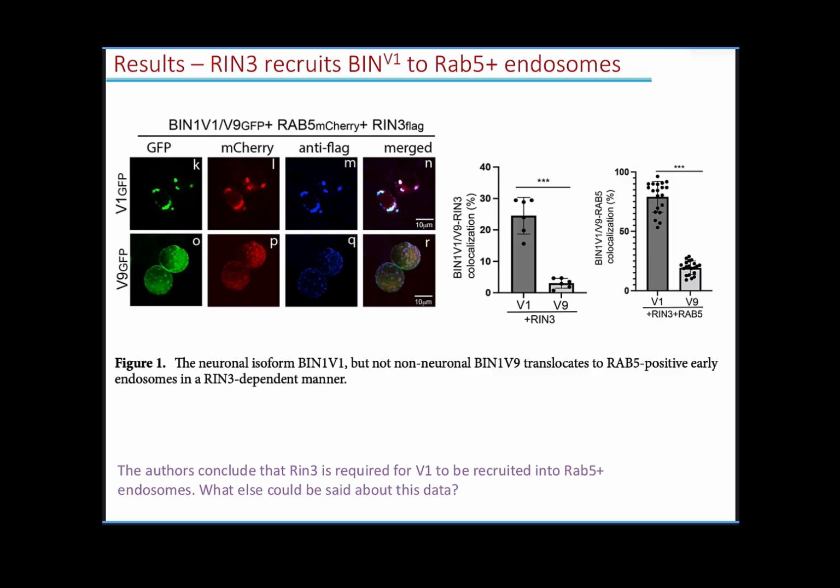Okay? So with a flag tag, and using an anti-flag antibody, they can follow where Rin3 is. Okay? And then the last panel, the merge of those types of fluorescence, simply indicates where all three are together. Okay?